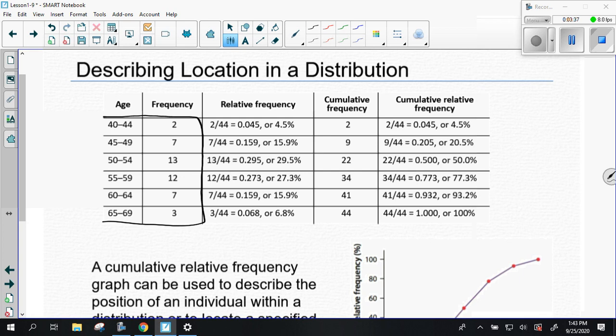So how many are at or below that? So if there are 9 at or below, since there are 9 values here, then we're dividing the number that are at or below that value by the total, and that gives us our percentile.